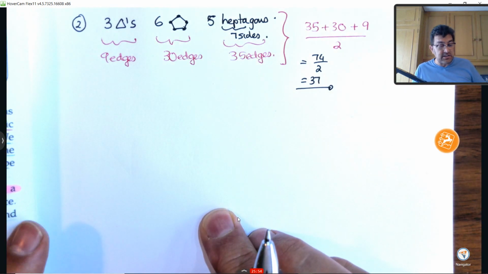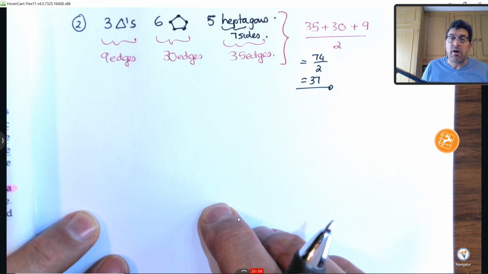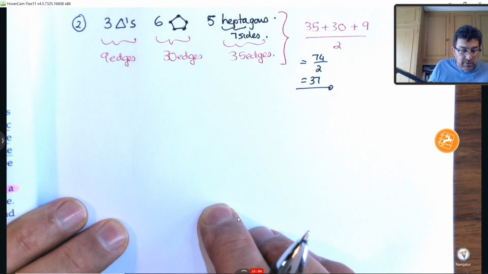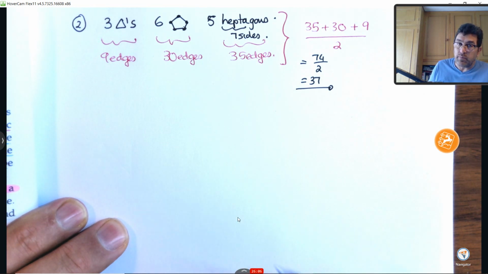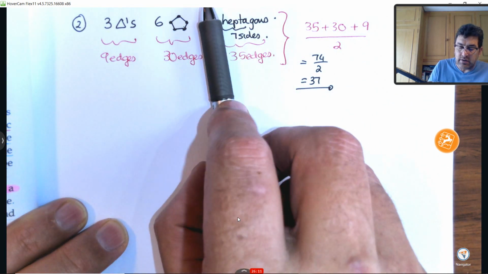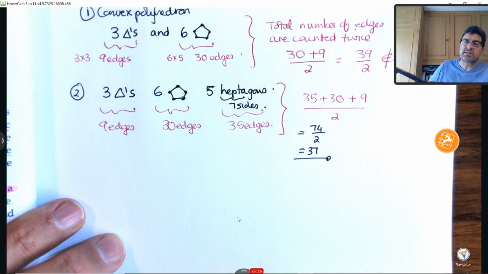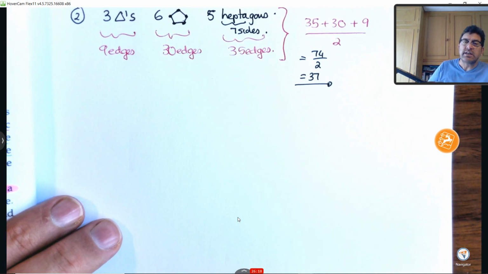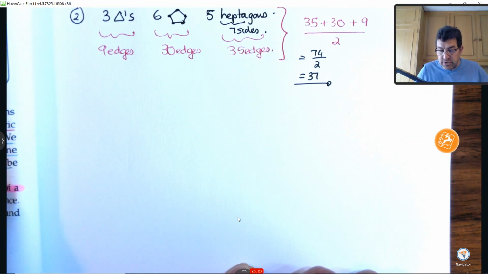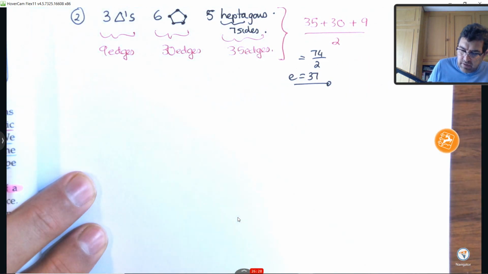That looks nice. So there's an integer number of edges. Here we could stop at the previous one because the number of edges was not an integer. Here we end up with an allowable number of edges.